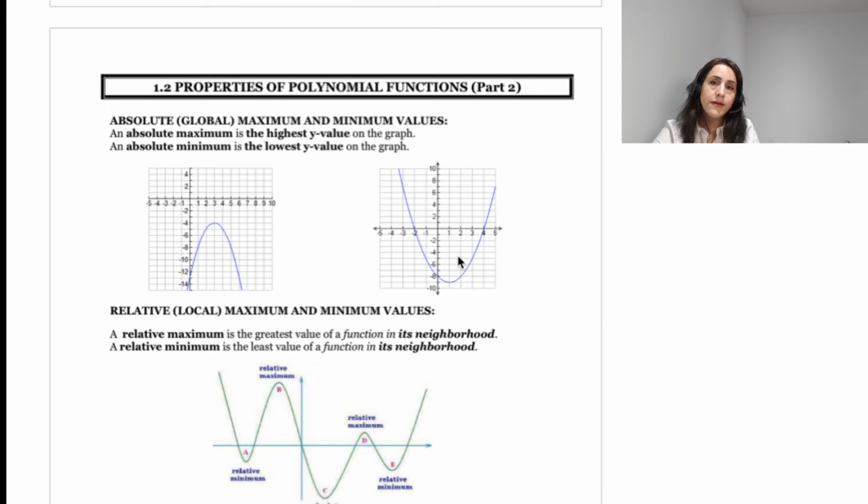If it's an odd degree function, the ending hands are always going in opposite directions, one of them going up, the other one going down. If it's an even degree function, the ending hands always follow the same direction, both of them going up or both of them going down. Here, we are going to learn more about the turning points or the zeros of polynomial functions.